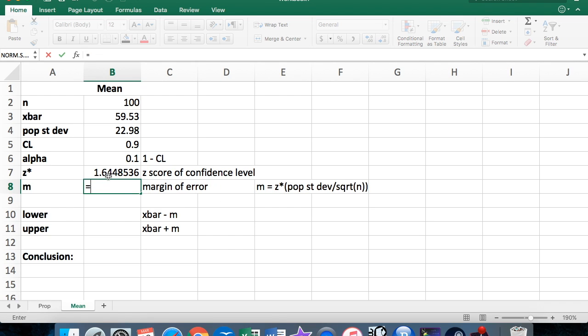So what I do, I click on my z-score times, let's go ahead and get in a good habit of using parentheses. I click on my population standard deviation, divide by the square root of my sample size. That's my n. And remember, since I began with a black parenthesis, I have to end with a black parenthesis. Make sure you have that color agreement. And there we go. My margin of error is about 3.78.